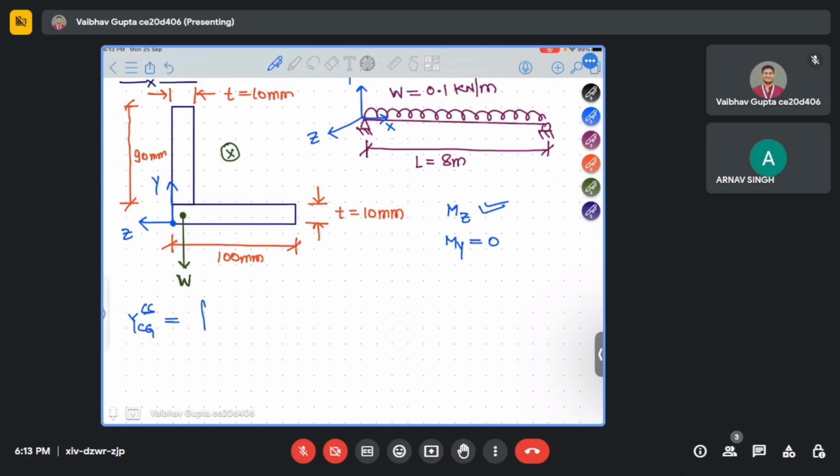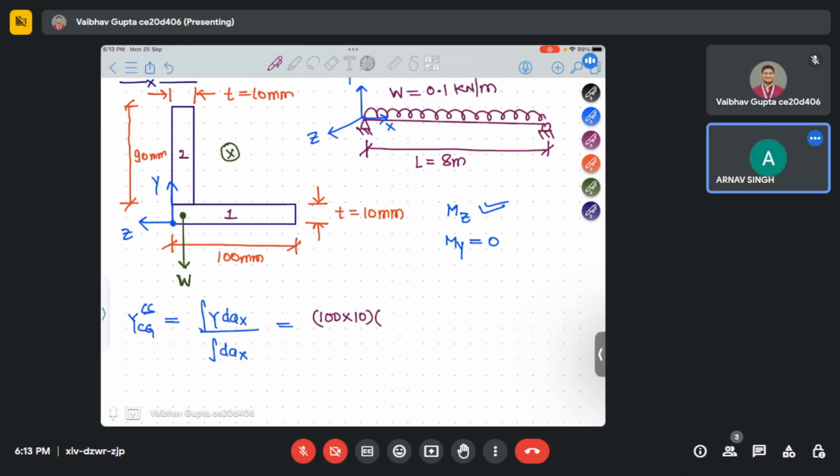It's integration of y dA upon integration of dA. We saw this in the last session also. Suppose I mark the elements as 1 and 2. First we calculate for 1. Area of 1 is 100 into 10, and the CG of 1 in the y direction is 5 mm.